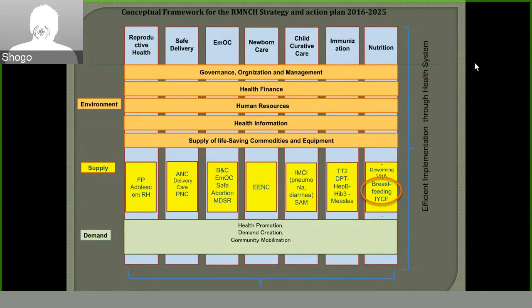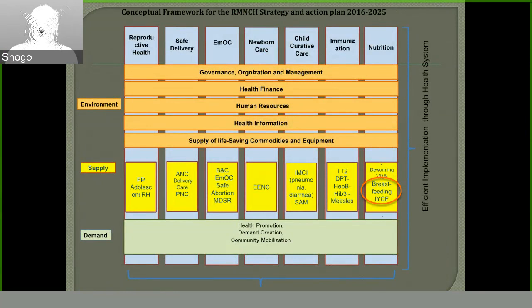So there are 7 technical areas and 4 health system components, together 11. There are 11 subcommittees working on this strategy implementation. So it's quite huge: with these 11 subcommittees, almost more than 100 government staff are involved as enrolled members of these committees.